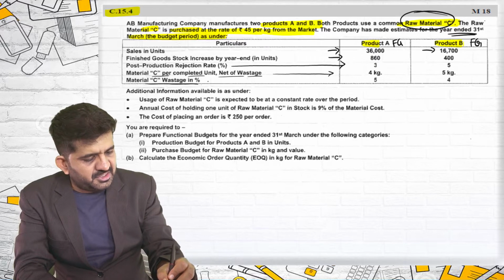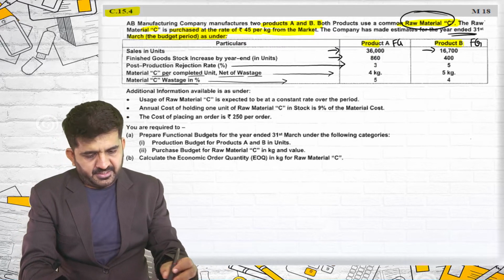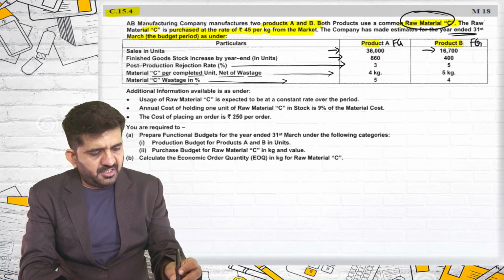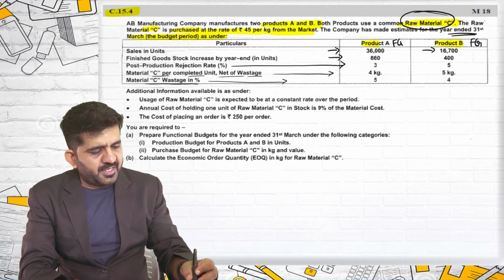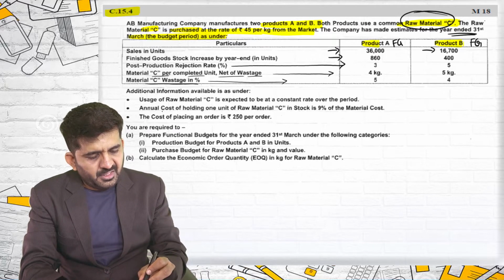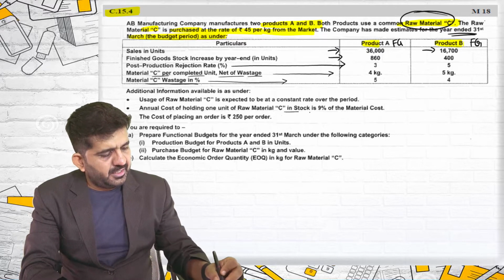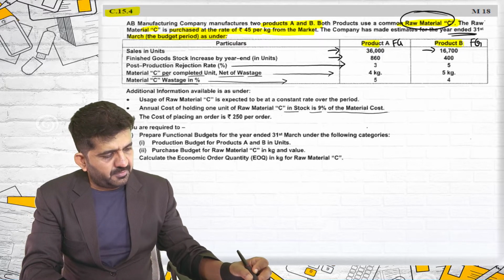Material C wastage in percentage is so and so. Additional information available is as under. Usage of raw material C is expected to be at a constant rate over the period. Annual cost of holding 1 unit of raw material C in stock is 9% of the material cost.